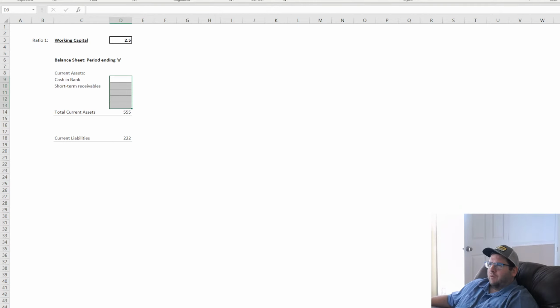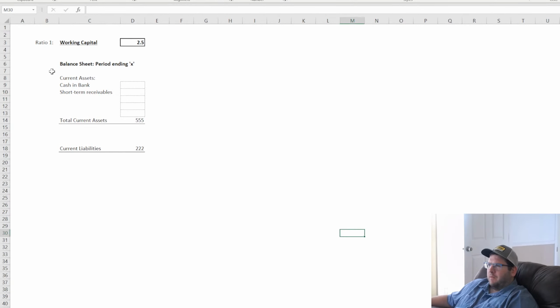What am I doing here? We want the dotted line. Short-term receivables, inventory. That's going to be it for like 95% of people.